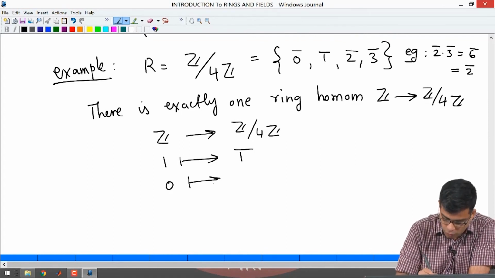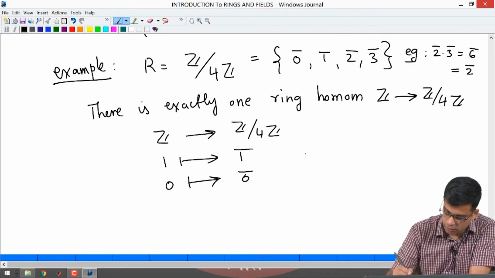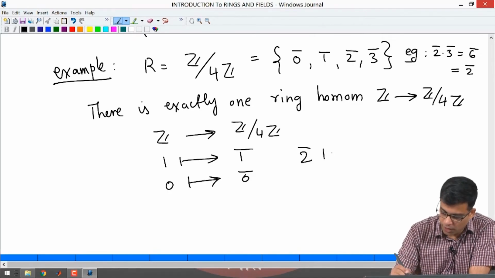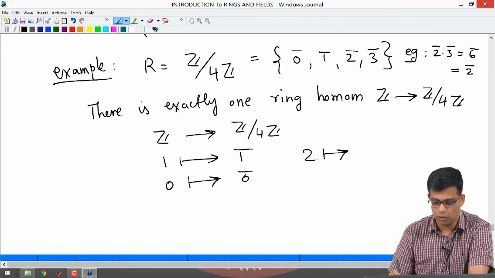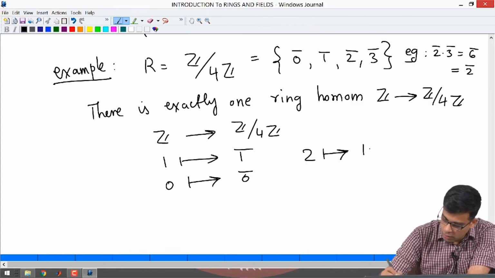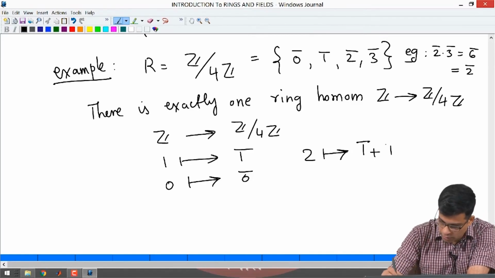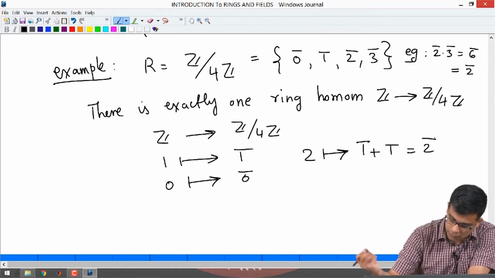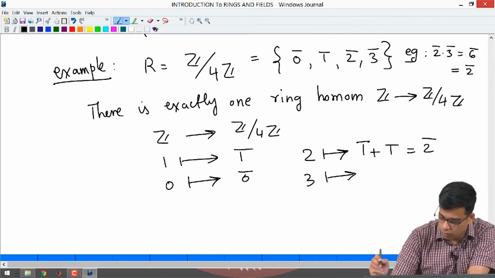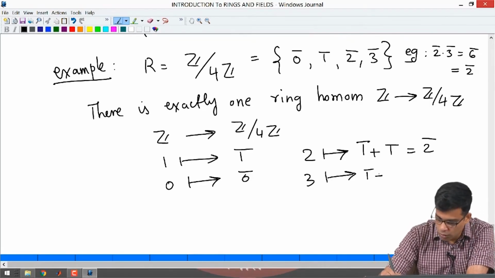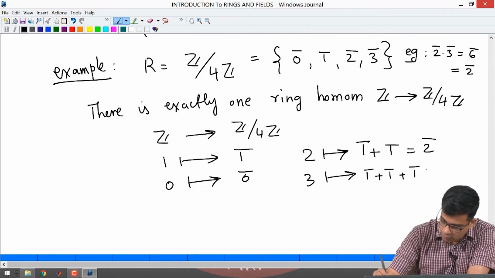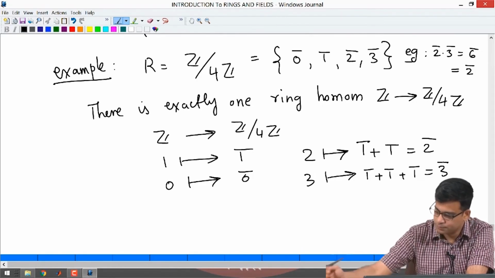Of course 0 must go to 0 bar. The integer 2 must go to the image of 1 plus the image of 1, so 1 bar plus 1 bar, which is 2 bar. Where will 3 go? 3 will go to 1 bar plus 1 bar plus 1 bar, which is 3 bar.